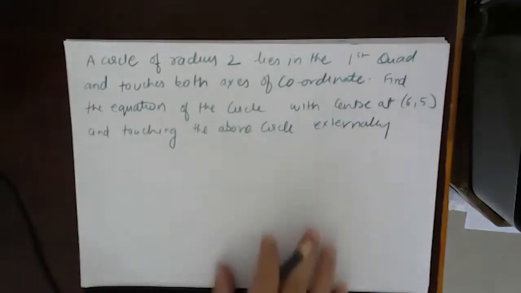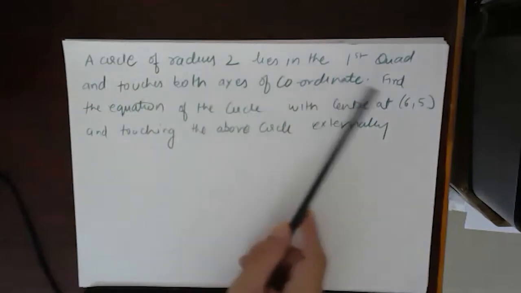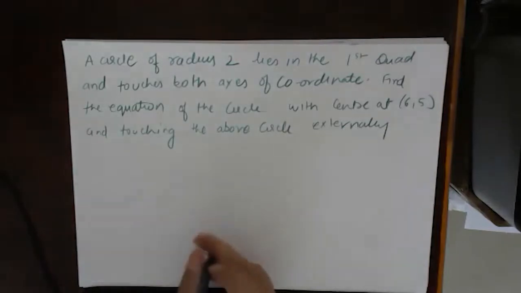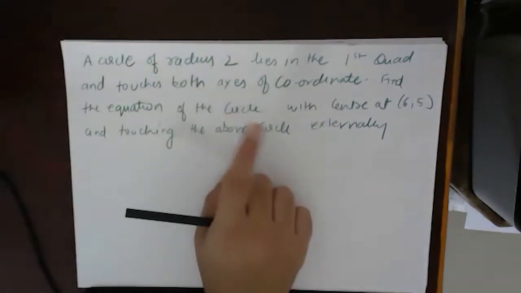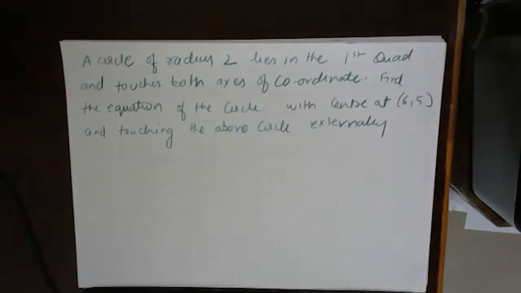So what they're giving is one circle of radius 2 that lies in the first quadrant and touches both axes of the coordinate. This is the first circle they're giving, and they're asking you to find the equation of the circle which touches this circle externally and whose center is 6, 5. Okay, we'll solve this.